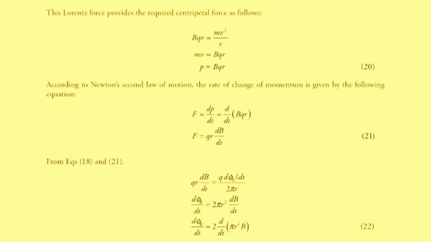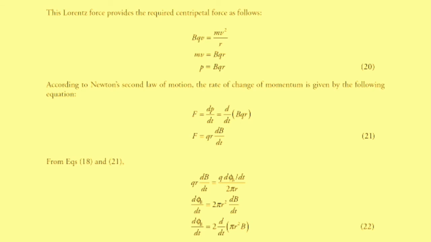On simply substituting the value of equation number 18 in equation number 21, we get qr dv/dt on the left, and on the right-hand side we get q dφ_B/dt upon 2πr. This is the value of force we have substituted from equation number 18.